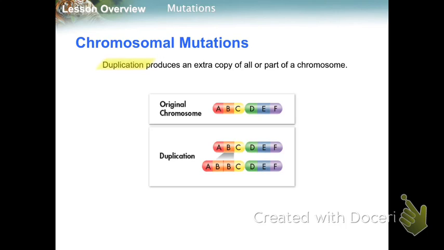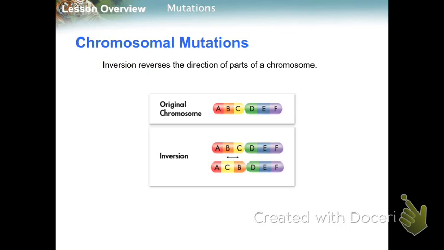Duplication produces an extra copy. So for some reason, 2 sections B are involved in this chromosome. When you invert something, you turn it upside down.